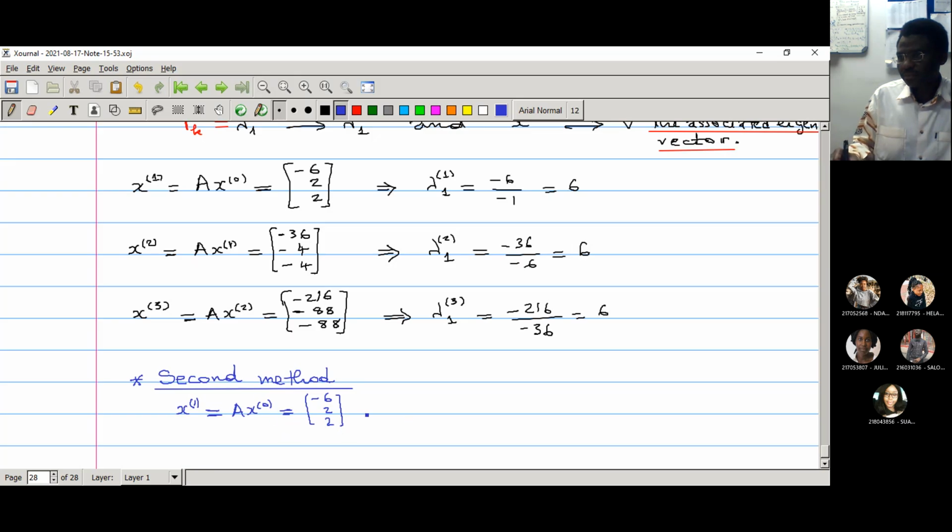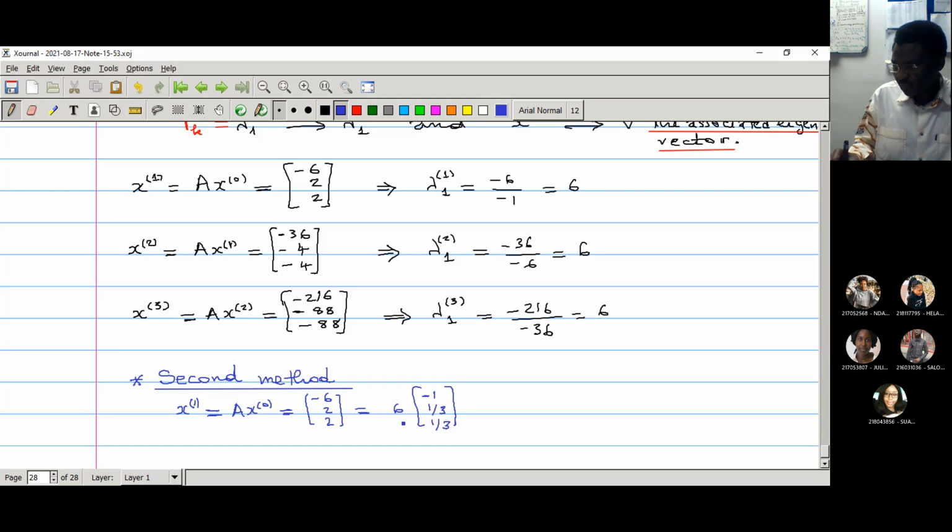And what is this? You see? So now this is our new vector that we'll be using for the next computation.